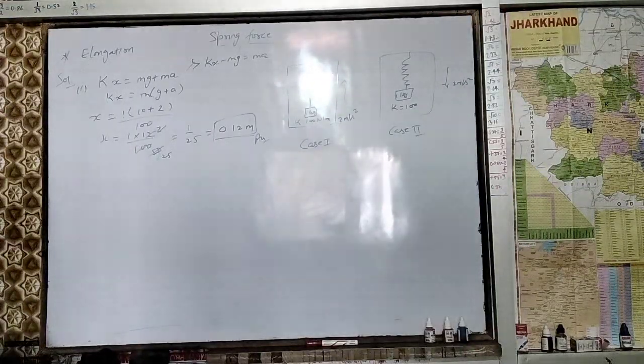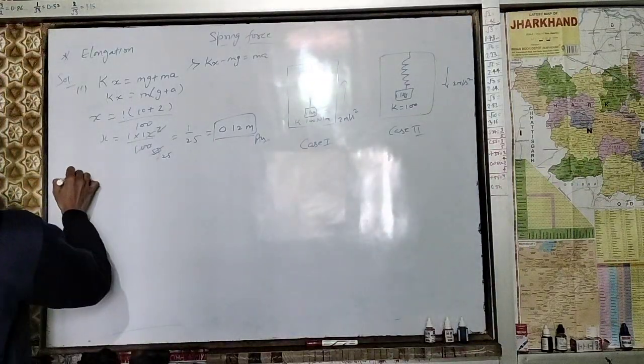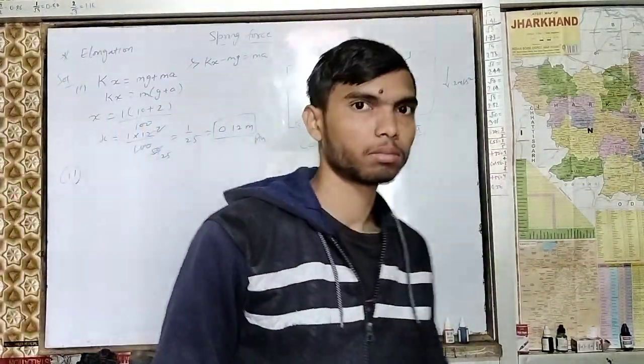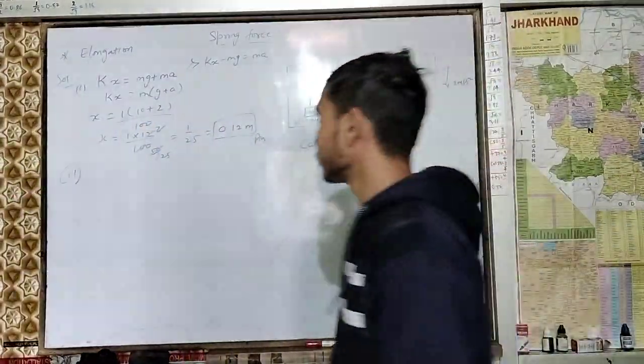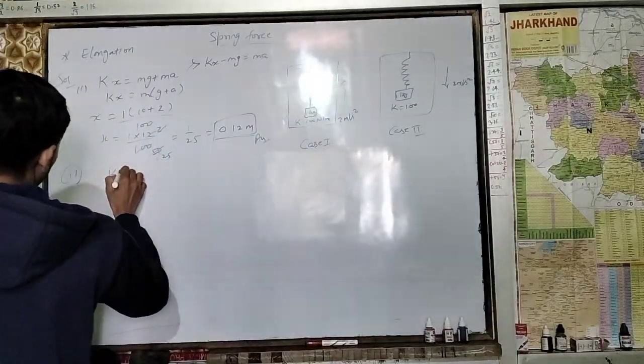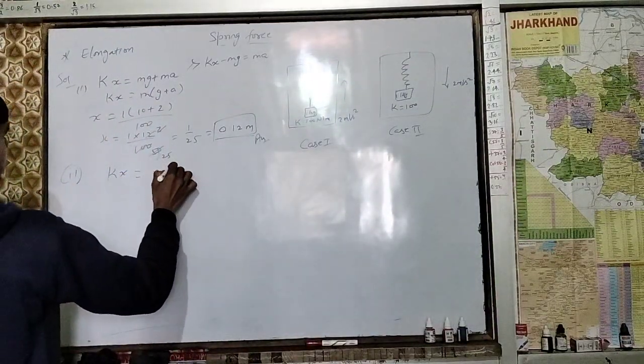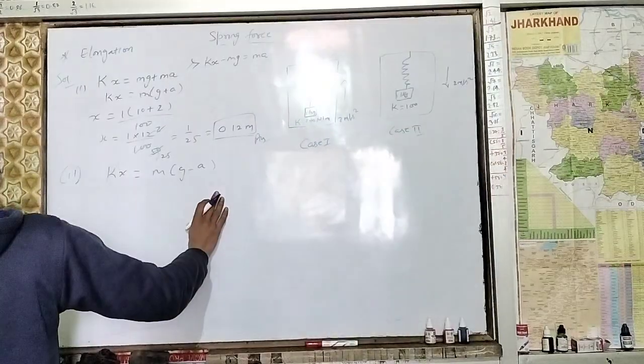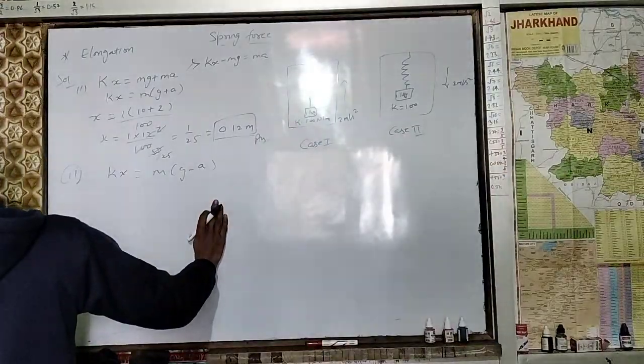Now the second case. Everything will be the same except the sign. kx is equal to m times g minus a. Am I correct? Yeah.